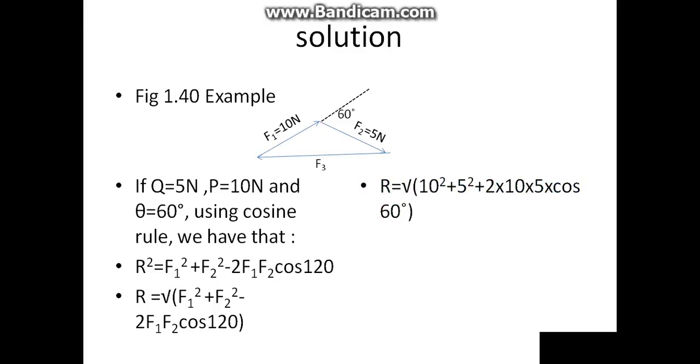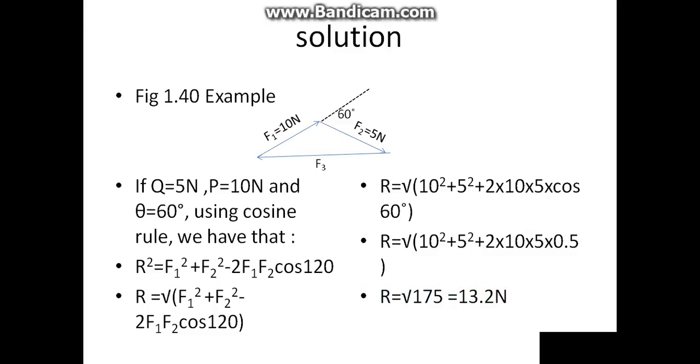Now substituting and putting in the values, we have R equals the square root of 10 squared plus 5 squared plus 2 times 10 times 5 cos 60 degrees. R is equal to the square root of 10 squared plus 5 squared plus 10 times 5 times 0.5.